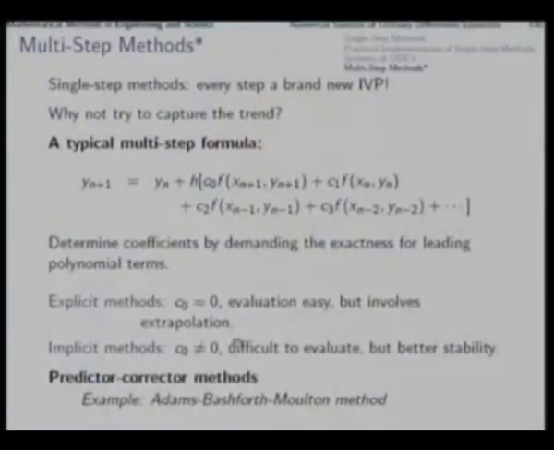So, this combination of a predictor formula and a corrector formula, by which you first predict and then make a correction, is used in multi-step methods, and if you need multi-step methods, then you can look up further literature on them.